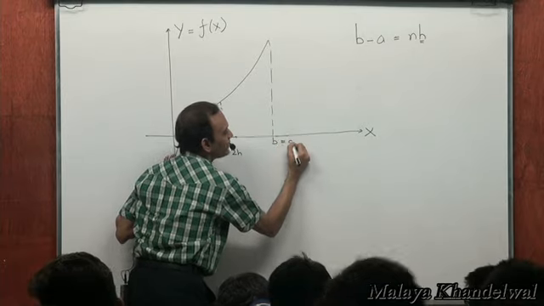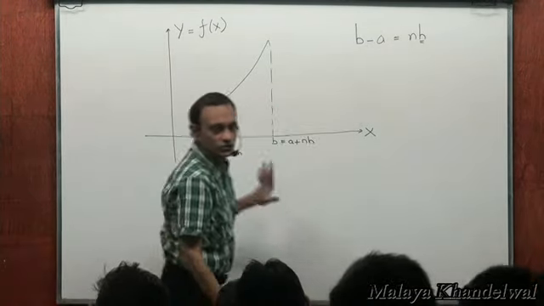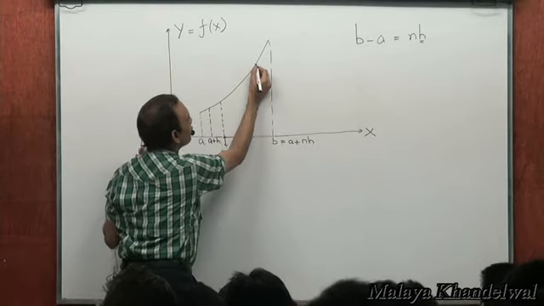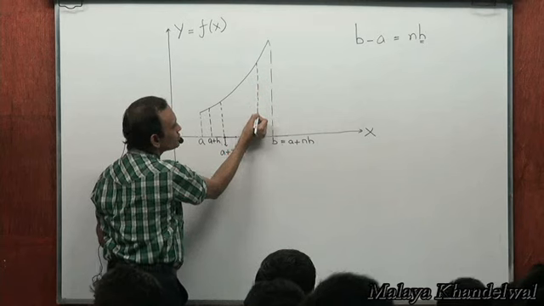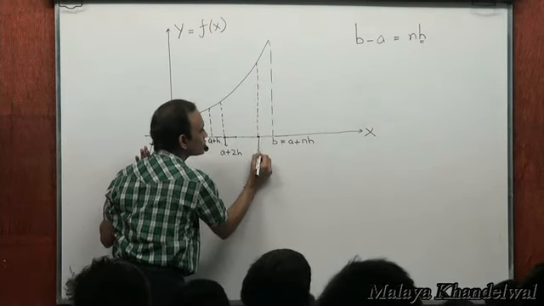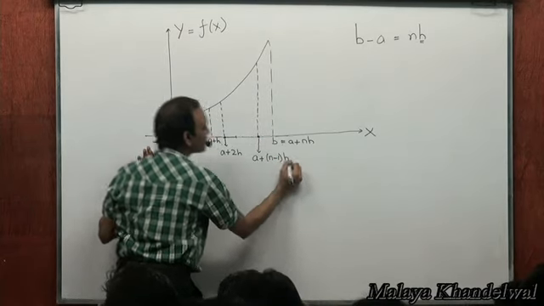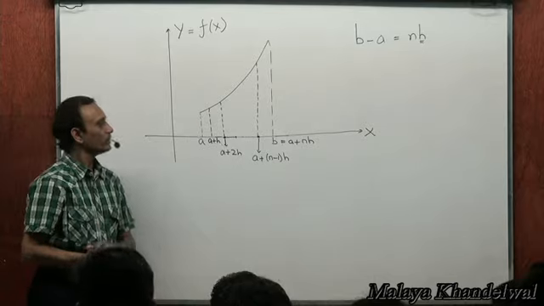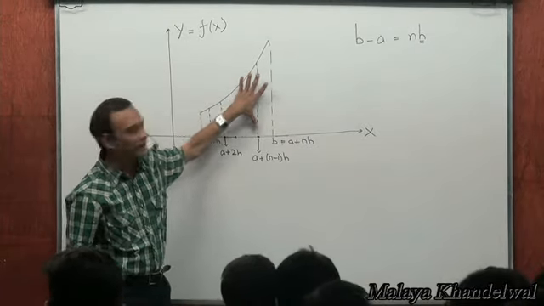B is a plus nh. So the one just before b would be h units less. This is going to be a plus (n minus 1) into h. The ordinate here is going to be f(a plus (n minus 1) into h).